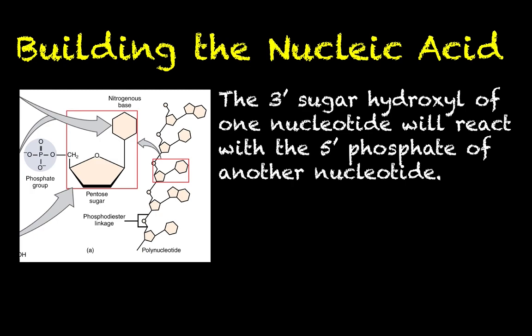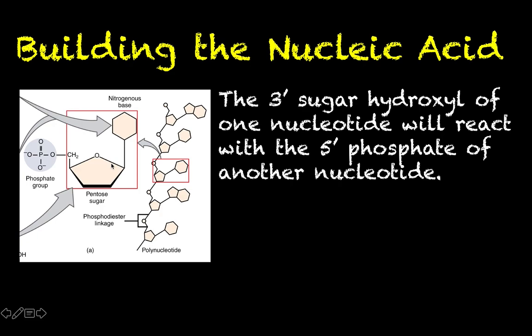So when we're actually building a nucleic acid polymer, we need to do dehydration synthesis between 2 nucleotides to get the process going. The chemical bond that we are going to form with dehydration synthesis is going to occur between the 3' hydroxyl of the sugar and the 5' phosphate of a different nucleotide.